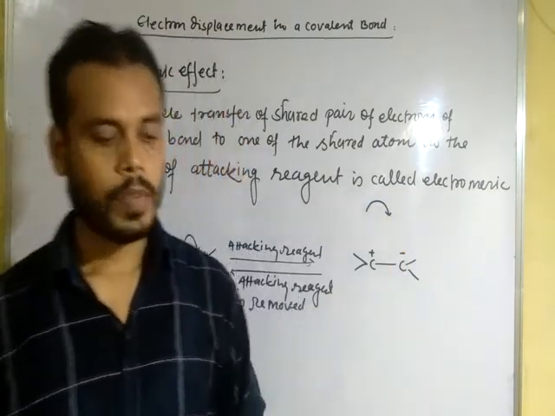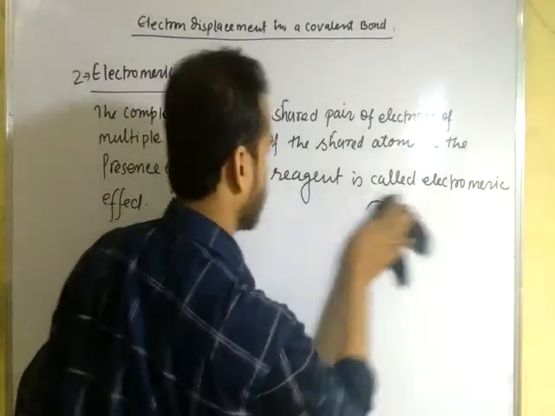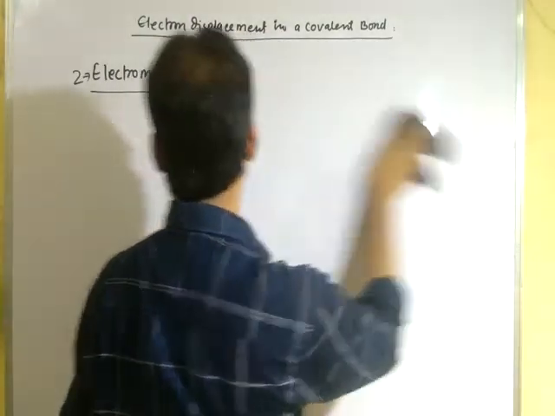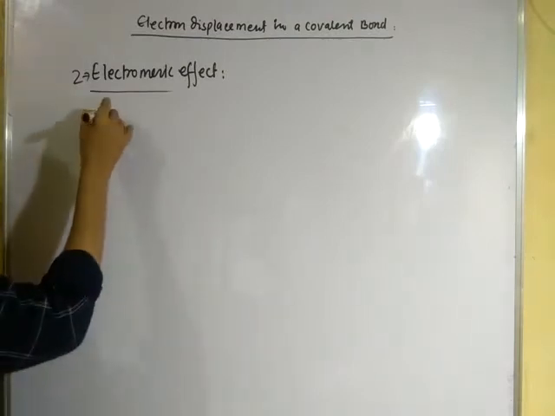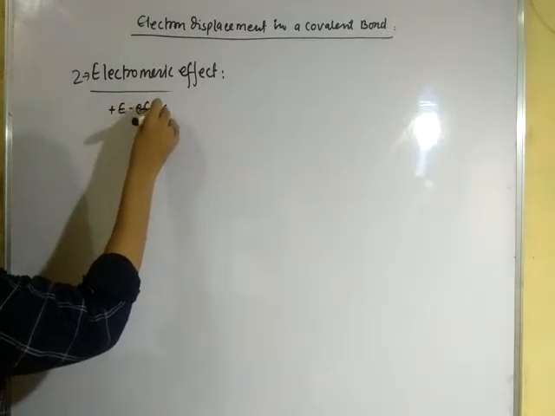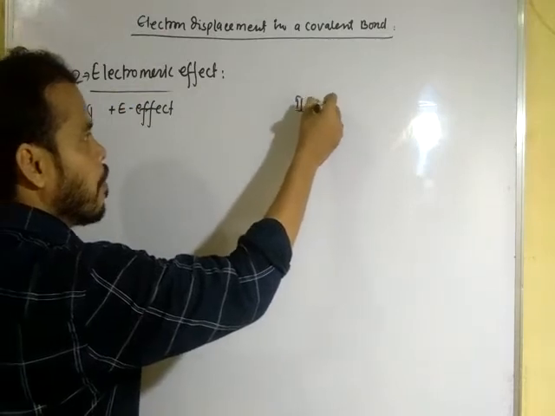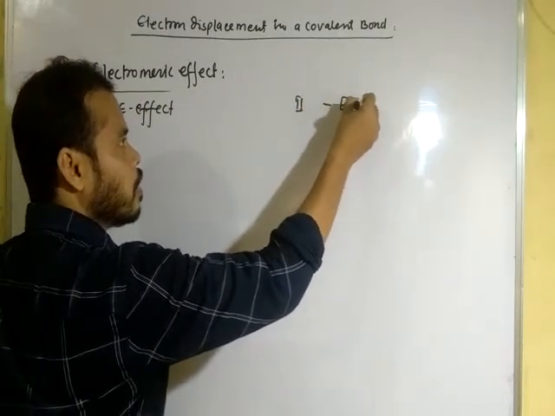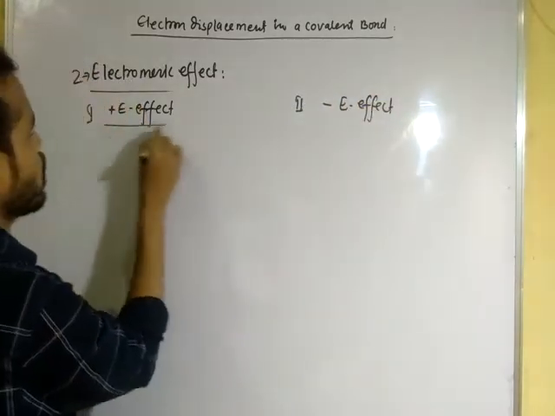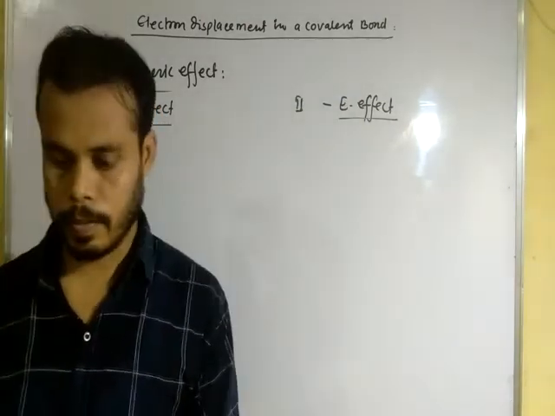Now the electromeric effect is of two types. One is the plus electromeric effect and the second one is the minus electromeric effect.